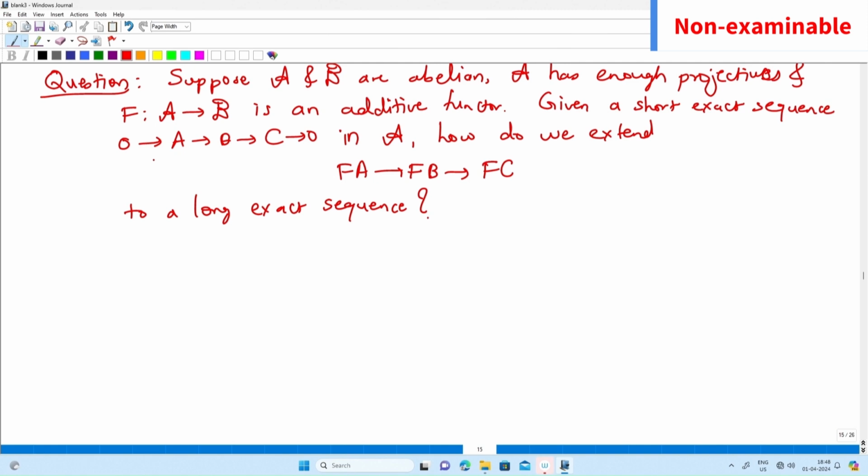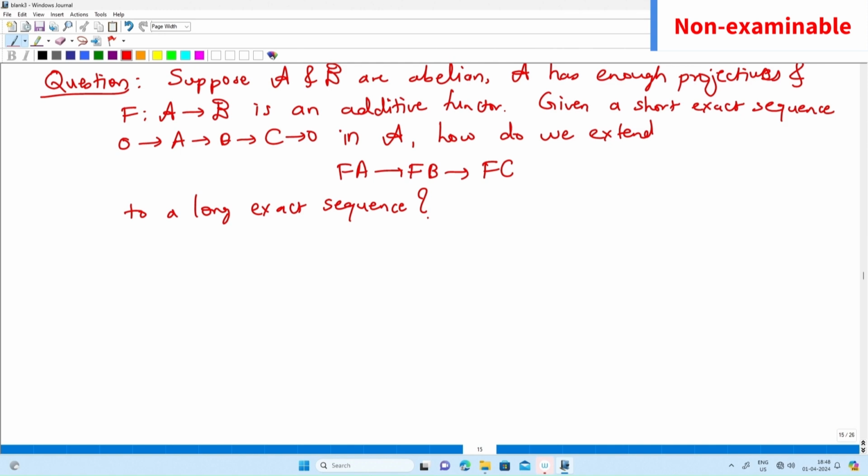The things that you construct on this side, yeah, if F is a Lex functor, then what will happen? Then you will get a 0 here. So then you can continue it to be 0, 0, 0. If F is exact, then you will get 0 on both sides. If F is right exact, then you will get 0 here and you can continue it as 0 on this side, but not on this side.